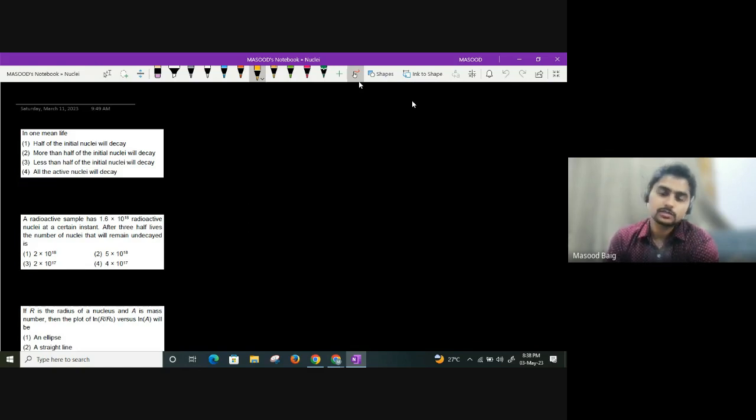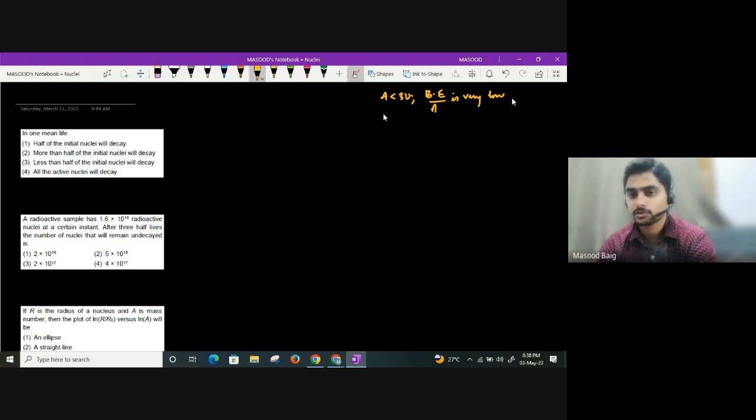Consider light nuclei, whose atomic masses are less than 30. The binding energy per nucleon is very low, which means they are going to be unstable. So what will light nuclei do? They will combine together or fuse together to form middle mass nuclei, all those masses which lie between 30 and 170.